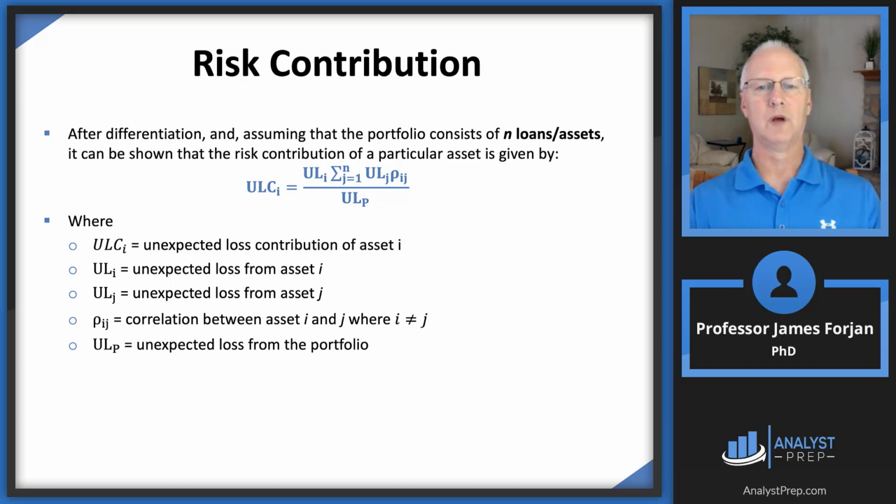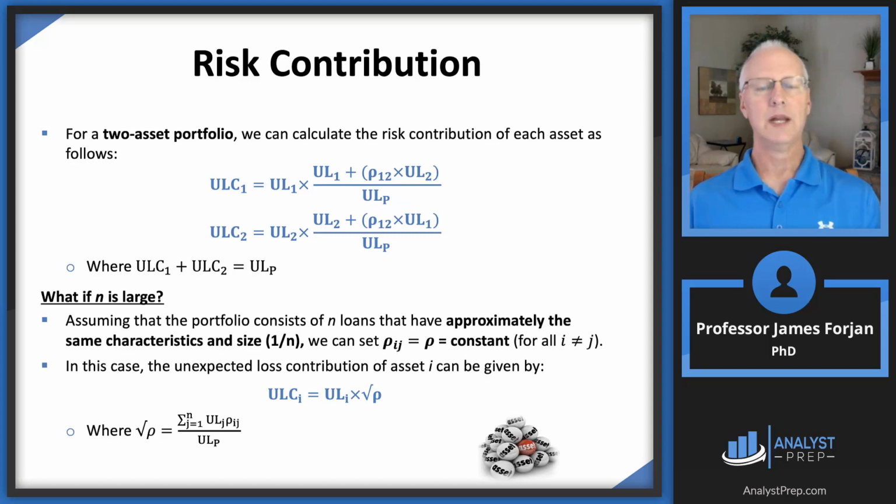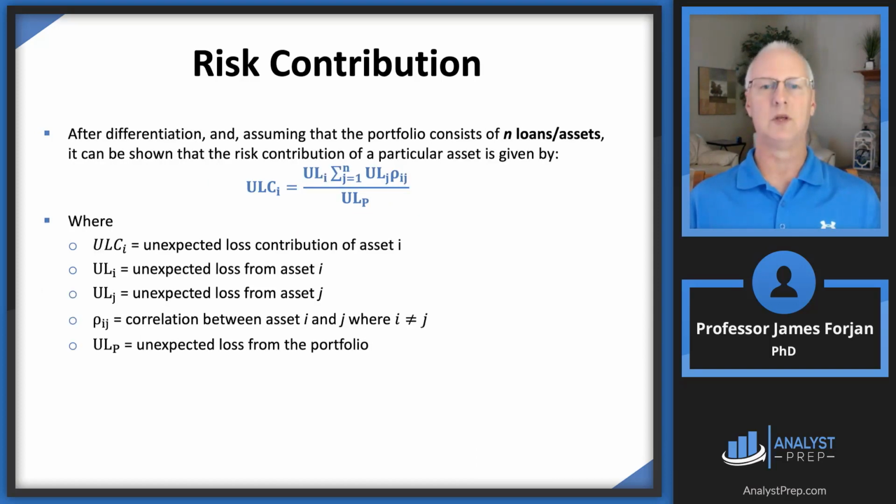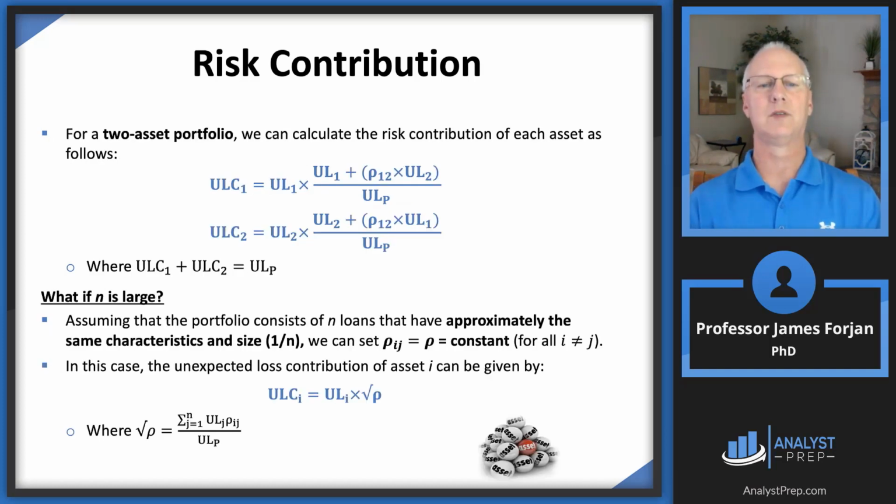So here's a more general version of this formula. Notice that up in the numerator, there is the correlation coefficient between I and J as well. Now, if we bring that down to just a 2-asset portfolio, then that equation simplifies to this thing right here.